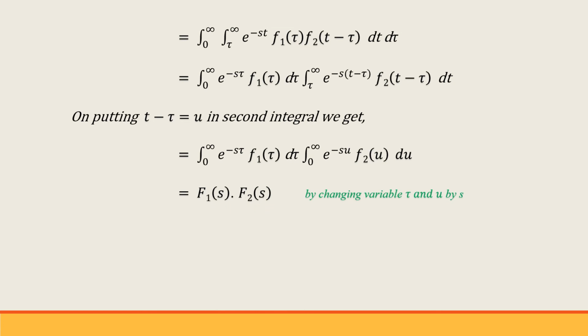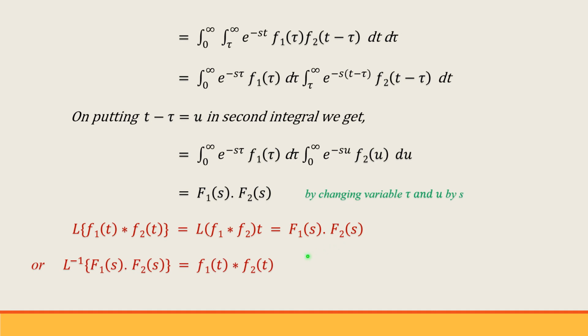Thus, it is proved that Laplace transform of convolution of f1(t) and f2(t) is equal to multiplication of Laplace transform of f1(s) and f2(s). Or inversely, we can also say Laplace inverse of F1(s) into F2(s) is equal to convolution of f1(t) and f2(t).